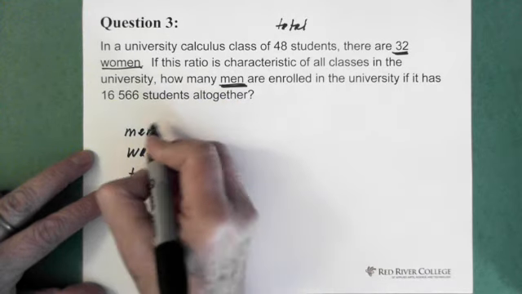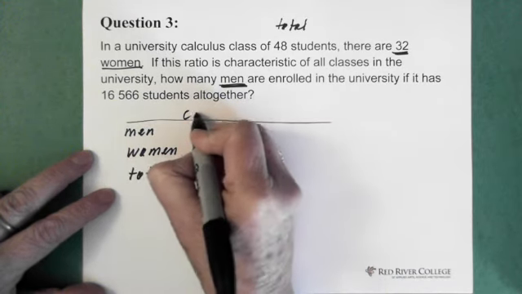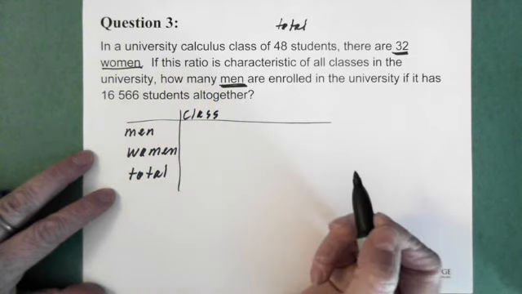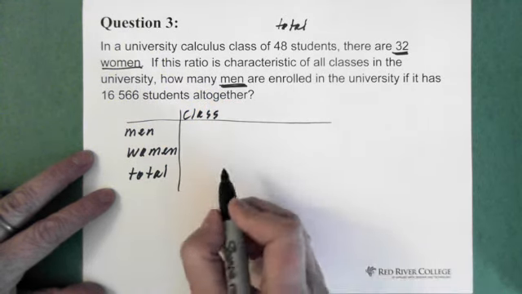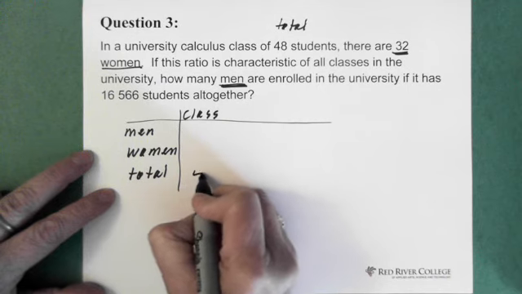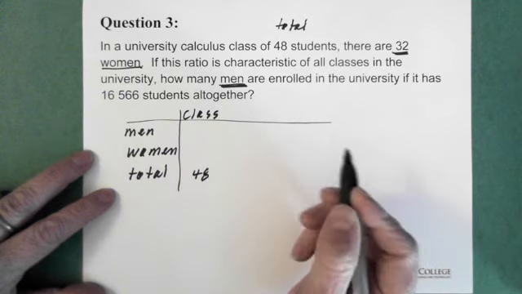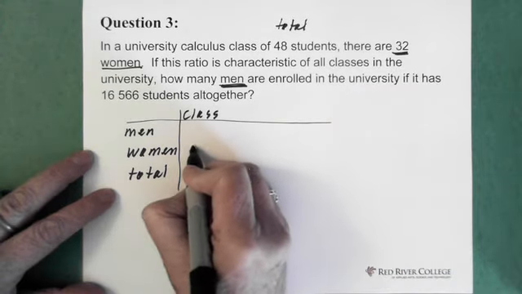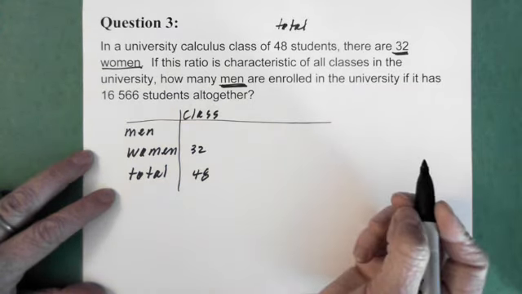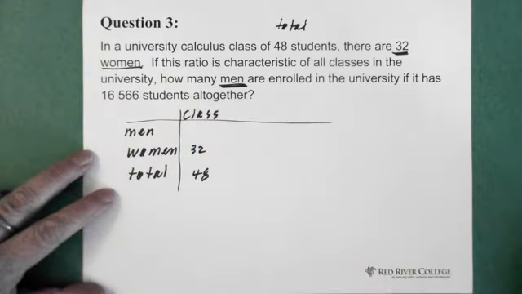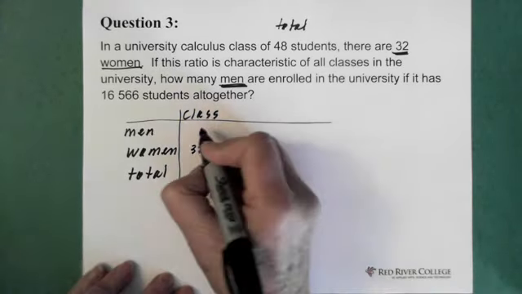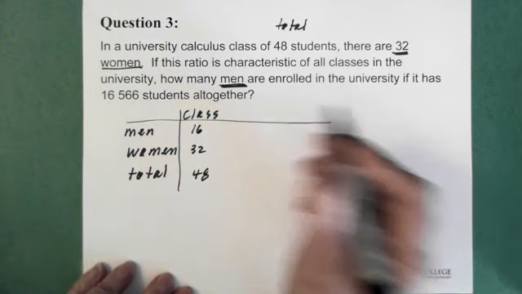Here we're talking about a class. In the class, the total is 48, and the number of women is 32. So the number of men in the class has to be 48 minus 32, which is 16, right?